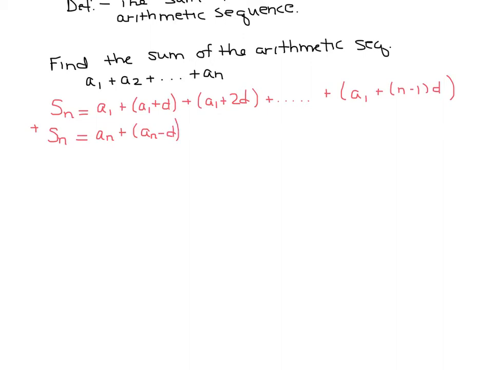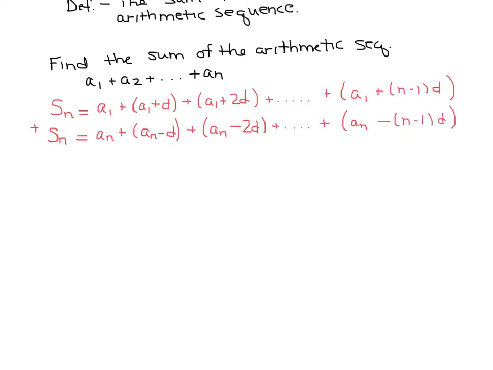And then the term before that would be a sub n minus 2d. All the way down to our a sub 1, which rather than writing it as a sub 1 is really a sub n minus the quantity of n minus 1 times d.